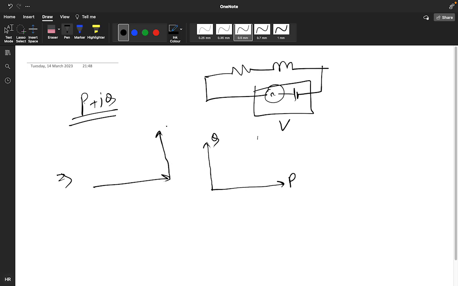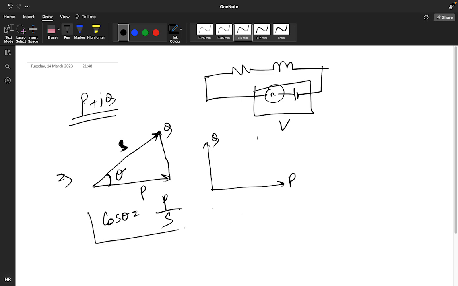This is your Q. This is your S. Okay, and this is your P, and this will represent your theta. So cos theta will be base by hypotenuse, so P by S. P by S. Or cos theta you can also write as R by Z.